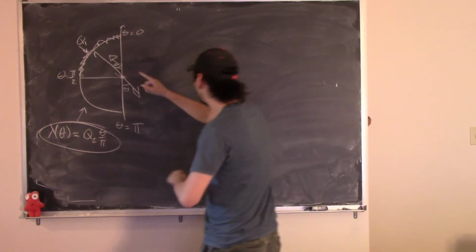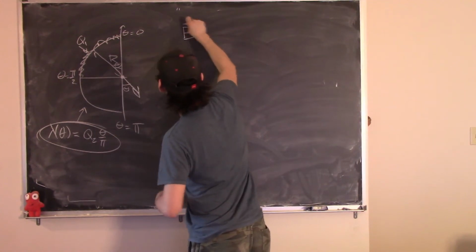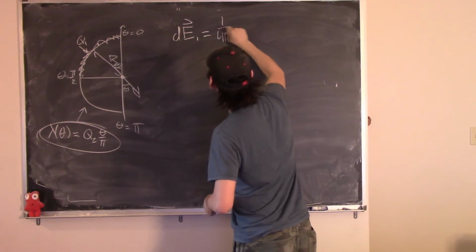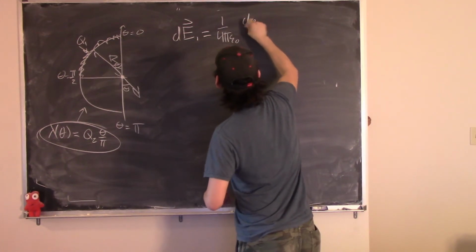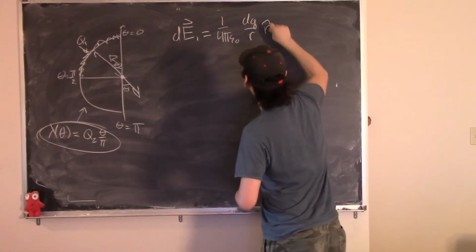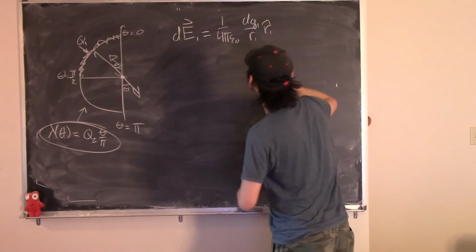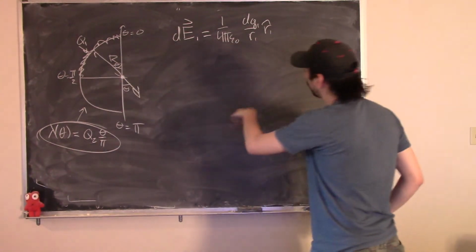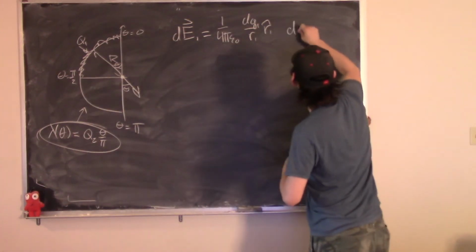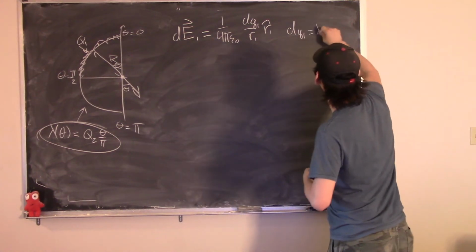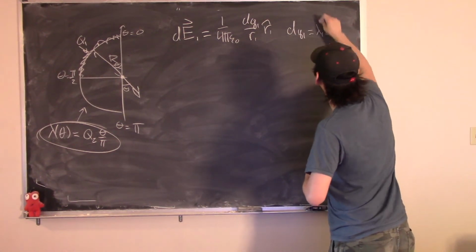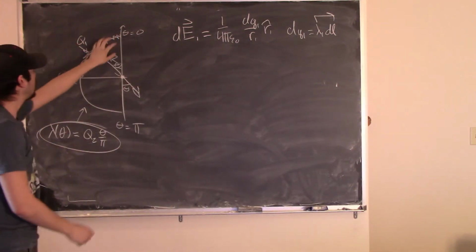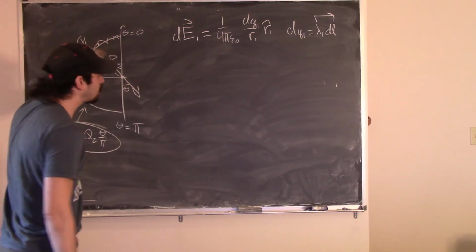So the first part, let's say this is E1. dE1 is going to be equal to 1 over 4 pi epsilon naught dq divided by r times r hat, and we'll give all of these the index 1 to denote that they're different than the ones down here. So dq1 is equal to lambda 1 dl. Lambda 1 is going to be the charge per length here. This is some total charge q that's spread over the arc of a quarter of a circle.